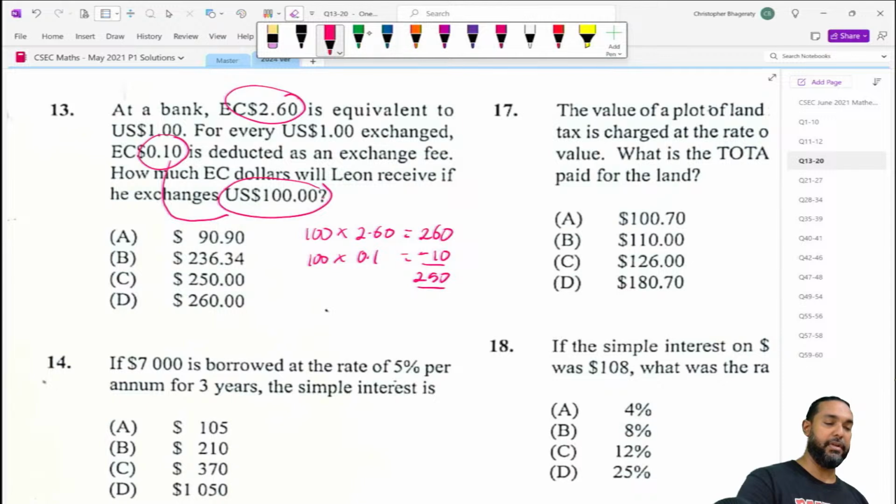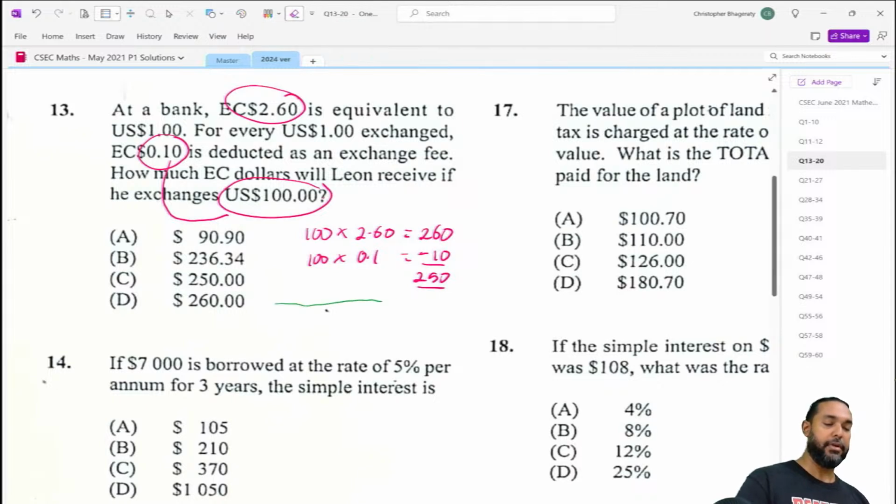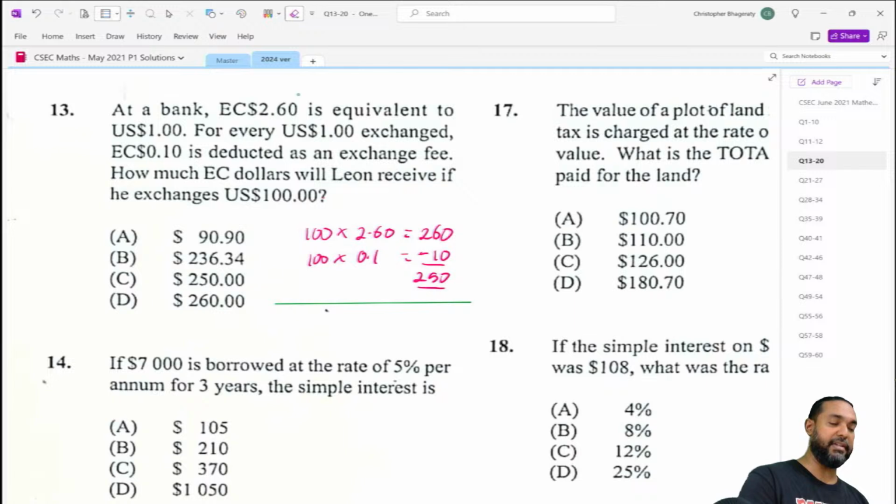Then one of the people online showed us that if you're losing 10 cents for every dollar, you could take that 10 cents away from the 2.60. So 2.60 minus 0.10 means you're only really getting $2.50 for every US dollar, and if you multiply that by 100, you get the same $250.